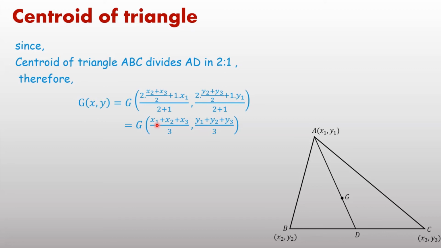Rearranging, the coordinates of point G are x1 plus x2 plus x3 upon 3, and the y coordinate will be y1 plus y2 plus y3 upon 3.